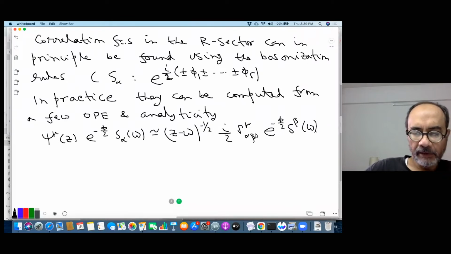Now, if you remember the GSO projection rules, you see that this is GSO even, but this is GSO odd. You have psi mu, so you expect the product to be GSO odd, and indeed this is GSO odd because this is an anti-chiral spinor instead of a chiral spinor.